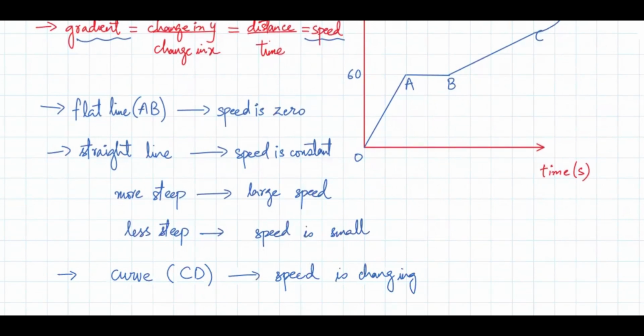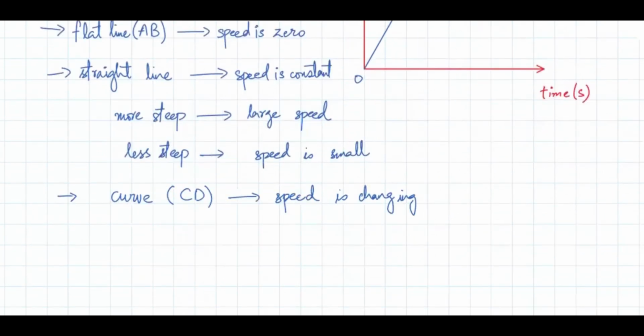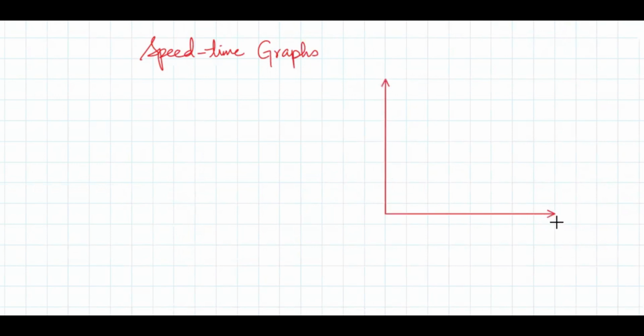Let's talk about the speed time graphs now. For the speed time graphs, we are going to have on the y-axis speed, which could be in meters per second.